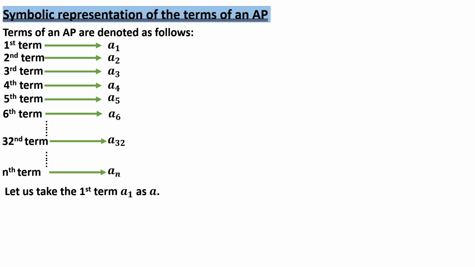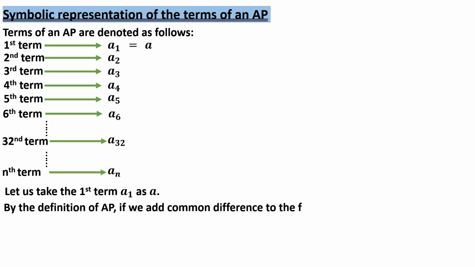Let us take the first term a1 as a. By the definition of AP, if we add common difference to the first term, we get the second term. Therefore, a2 equals a plus d.